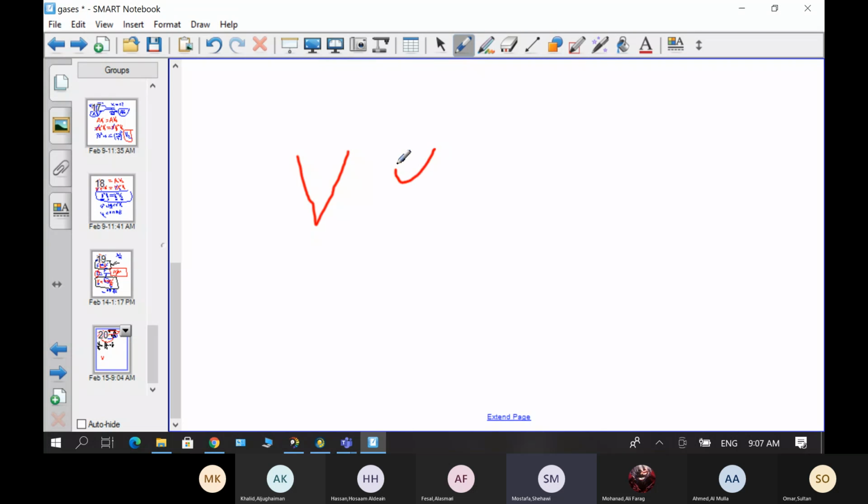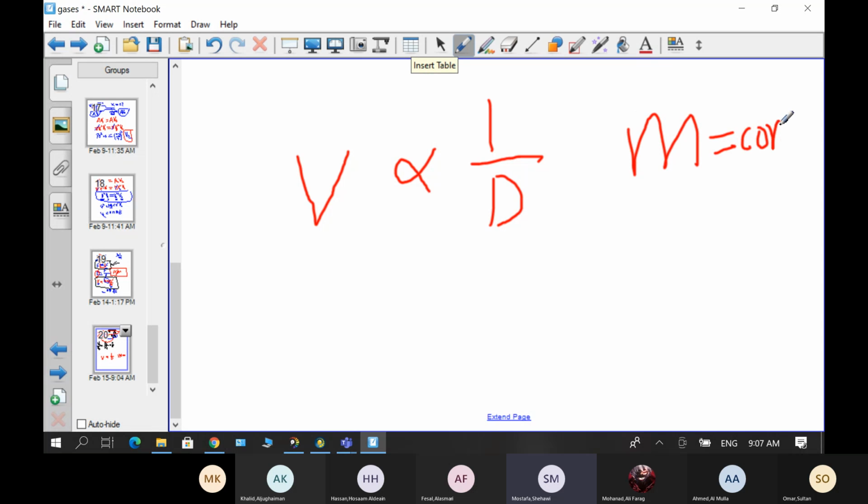Volume and density are inversely proportional when mass is constant. If you have this condition, that you have equal masses, then the volume and density are inversely proportional.